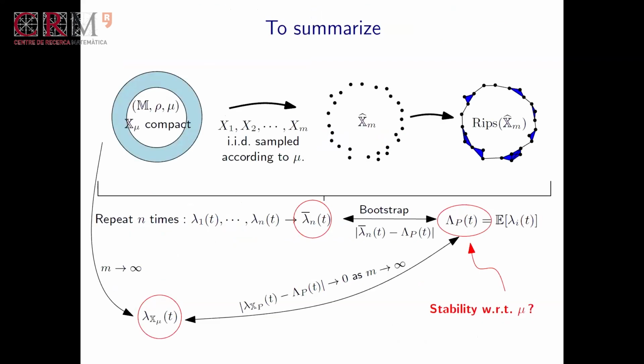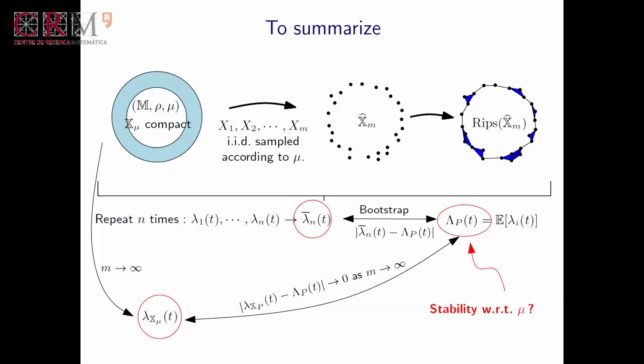So now, if I try to summarize a little bit what we have seen up to now, because I want to show you another nice property of this distribution of persistence diagrams seen as landscapes: we had this pipeline where we randomly sample M points, look at the filtration on top of them and look at the random persistence diagram.